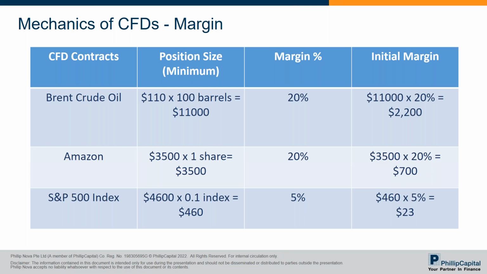For Amazon, it is also 20%. But for share CFDs, the margin requirement actually varies across contracts. If you'd like to know the full list of margin requirements, you can go to our website, where there is a contract specification PDF.